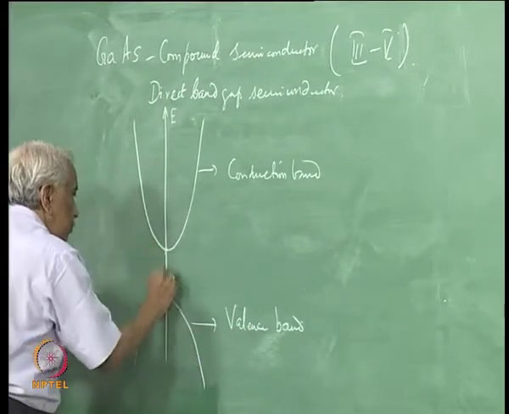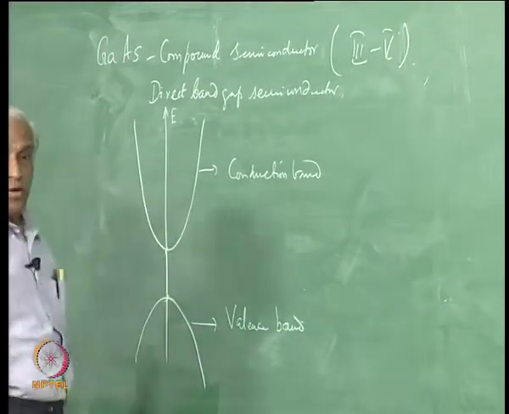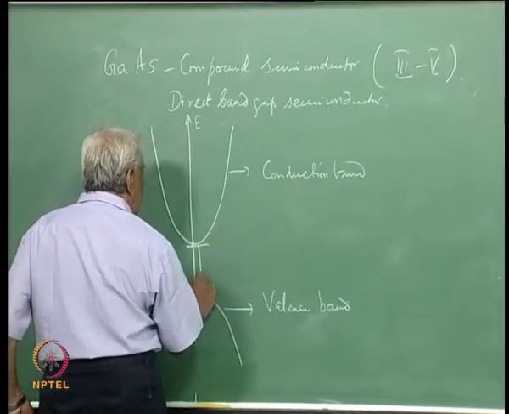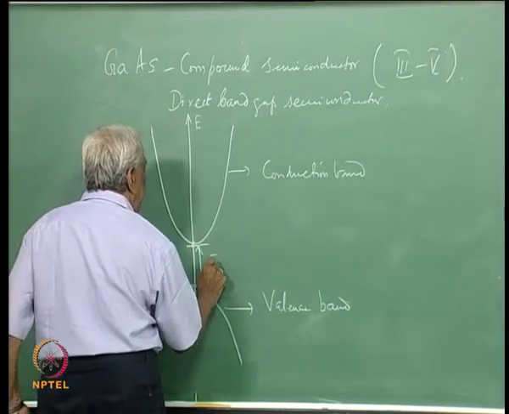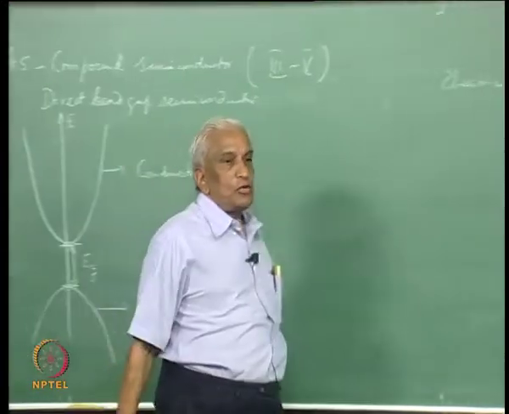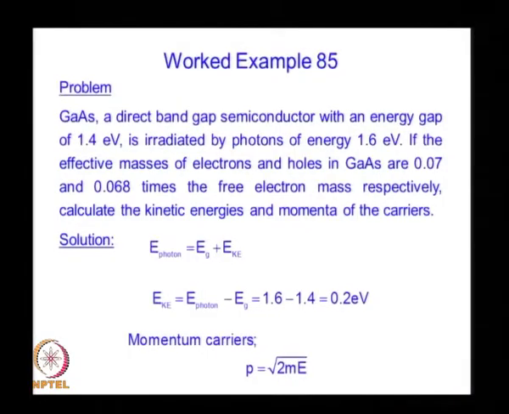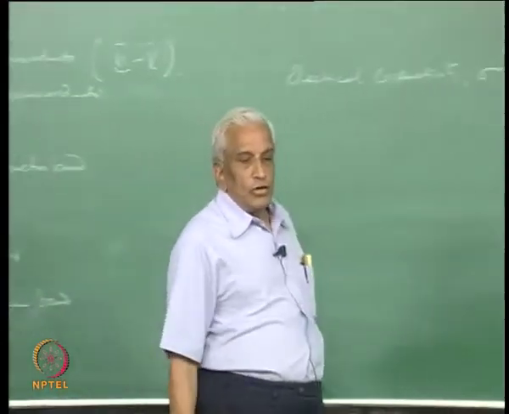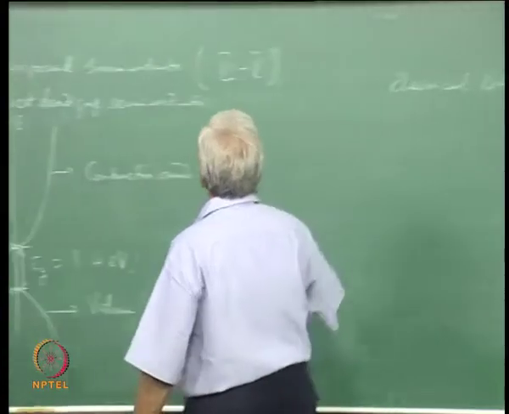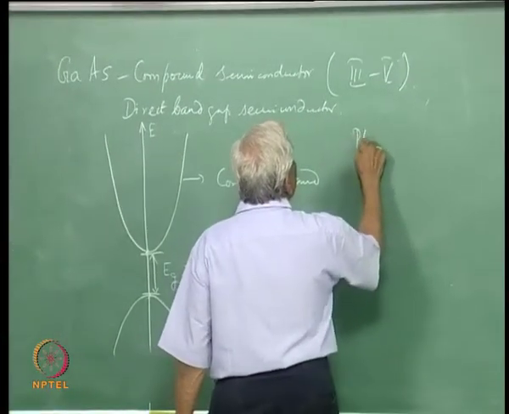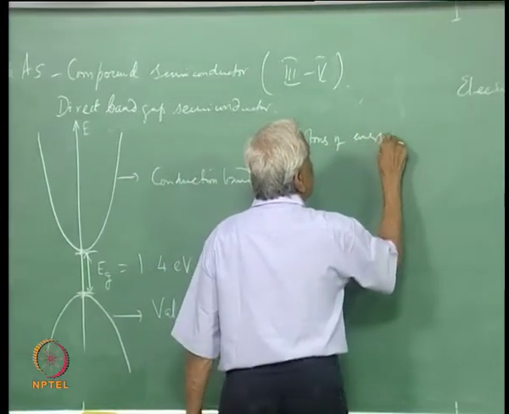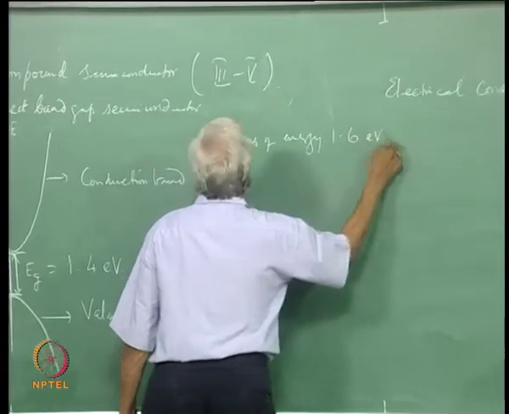So, these two are just above each other, and this difference in energy is the energy gap, whose value is given in the case of gallium arsenide as 1.4 electron volts. We are also told that this sample is irradiated with photons of energy 1.6 electron volt.